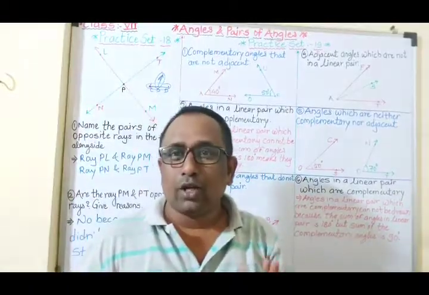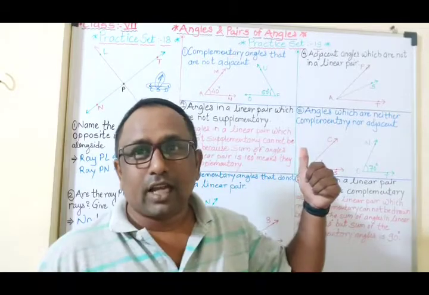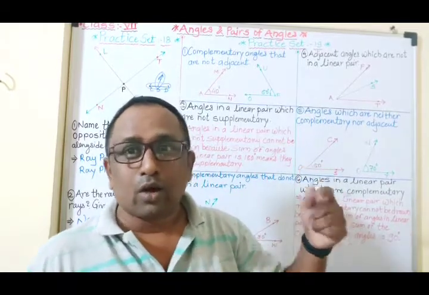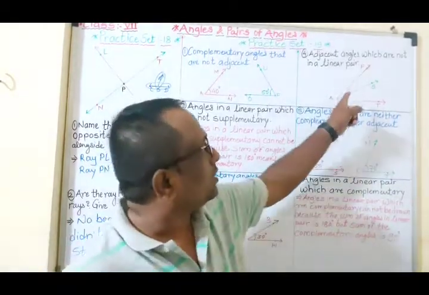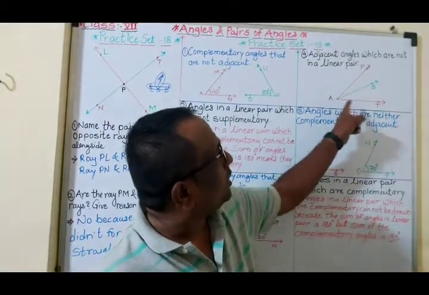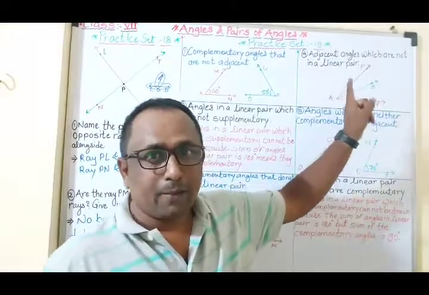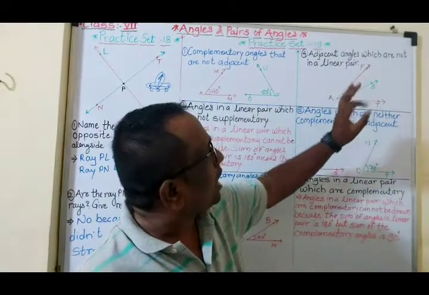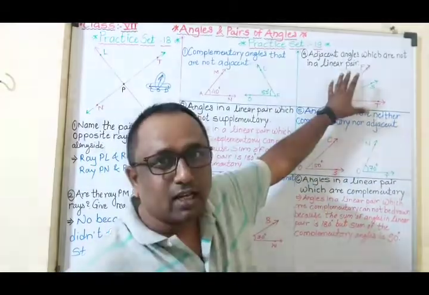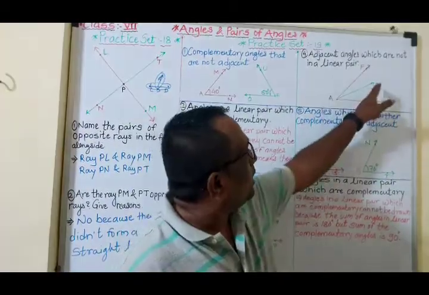According to the definition of linear pair, these adjacent angles are not in a linear pair. Read the definition again, then you will understand whether they are in a linear pair or not.